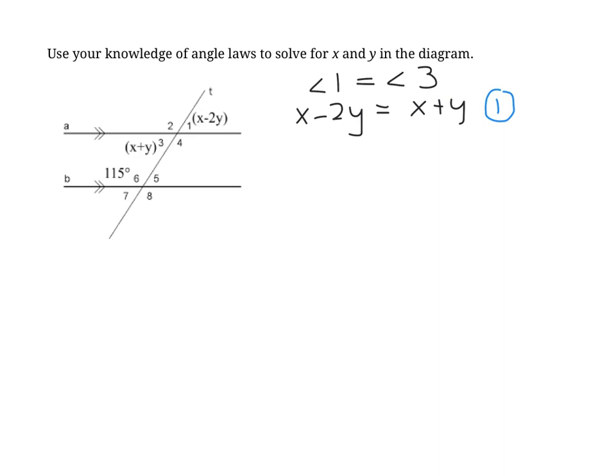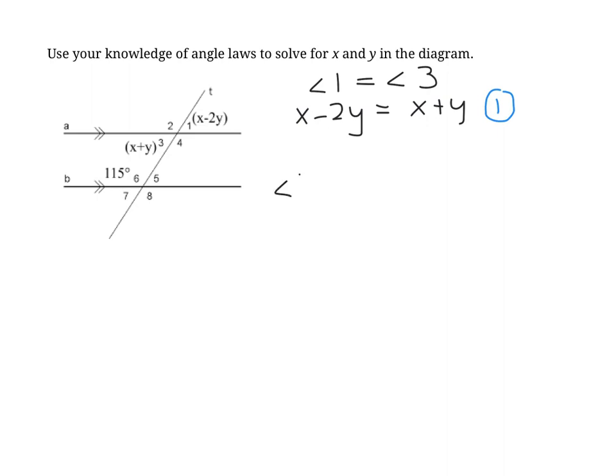And if you think back to some of our angle properties, we know that anything that's enclosed in what could be called a C pattern, or referred to as co-interior angles, these two angles here in the positions of angle 3 and angle 6, if we add them together, they should add up to equal 180 degrees. So let's write that down.